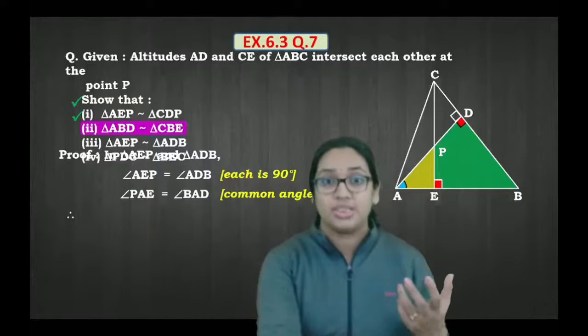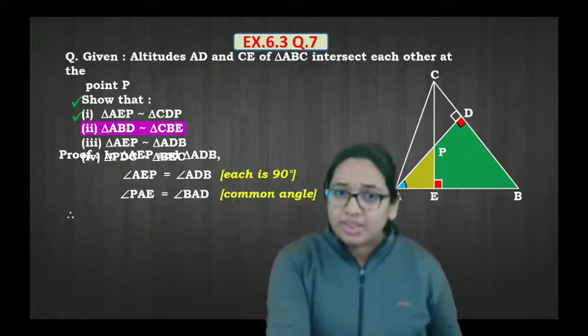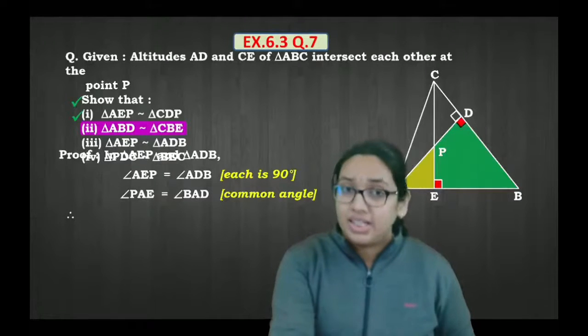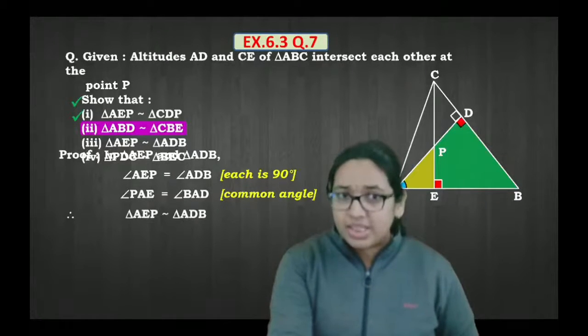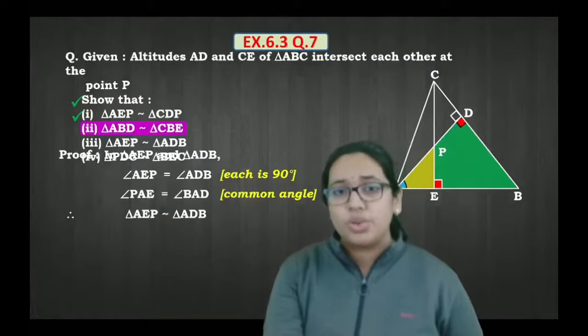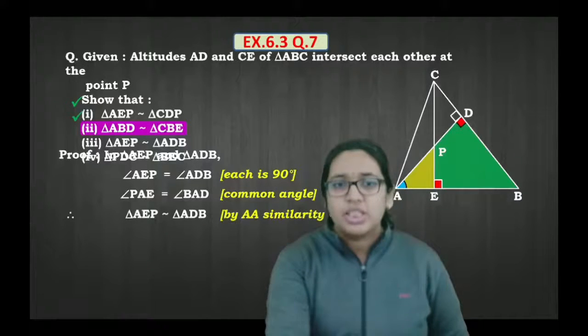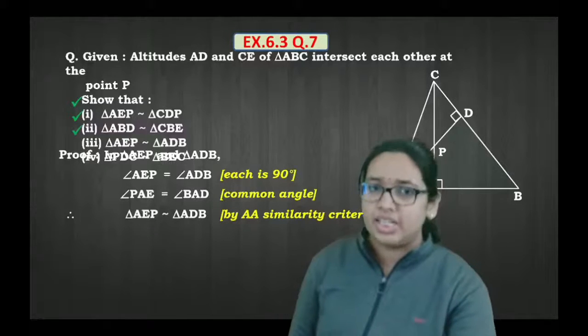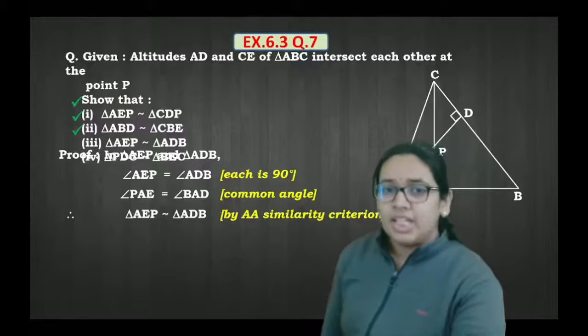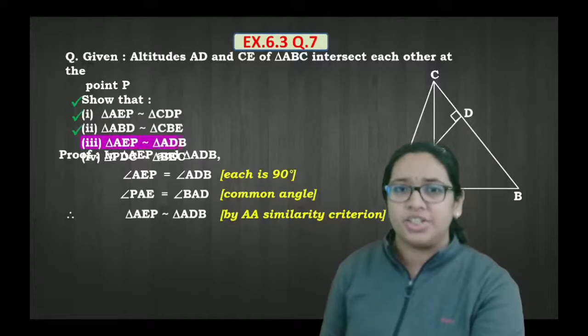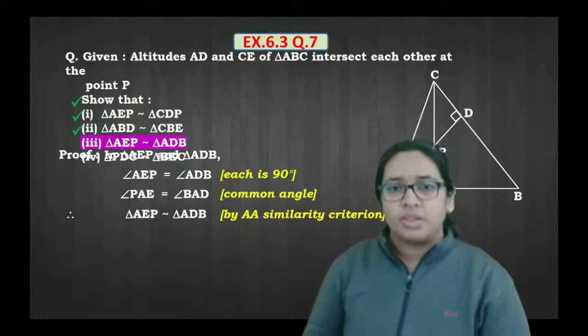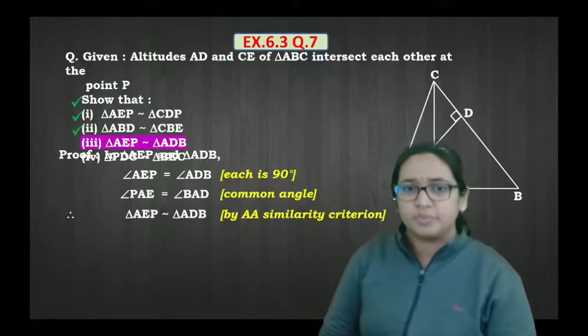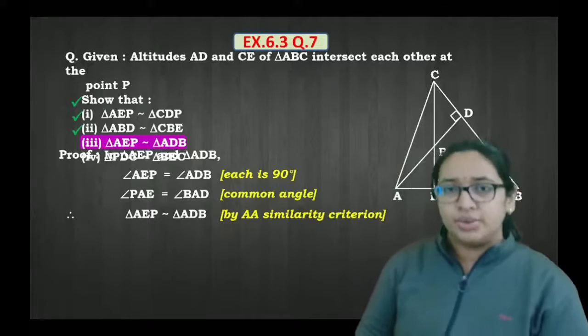So again you can see that two angles of a triangle are equal. If this is the case, then we can say that the two triangles will be similar. So triangle AEP is similar to triangle ADB by a similarity criteria. Getting this one? Good.